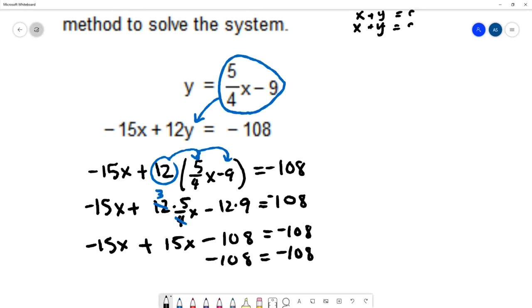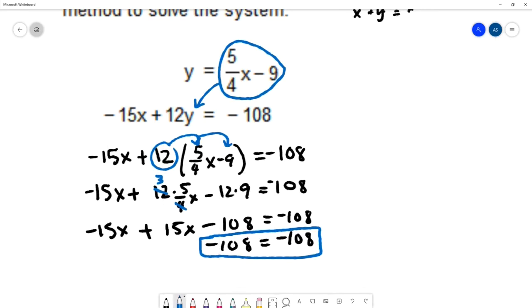And once again, all of our variables cancel out. So we know that I'm in that special case, either no solution or infinite solution. So which one are we in? We've got to look at our final statement there and decide whether that statement is true or false. We've got negative 108 equals negative 108.